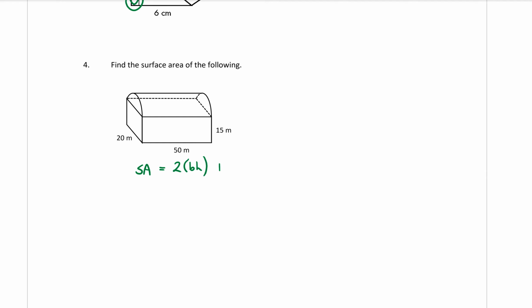I'm also going to have 2 rectangles, so B is this one, B and H. What was my other symbol I should be using? L. This one's going to be L. I'm going to have 2 lots of L times H, but I'm only going to have 1 L times B. Yeah?